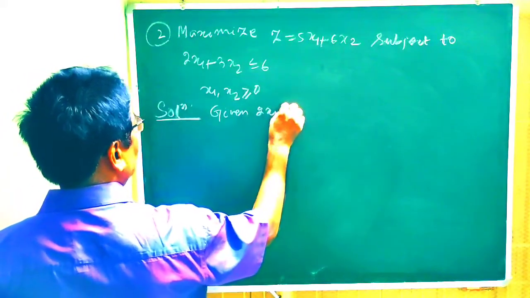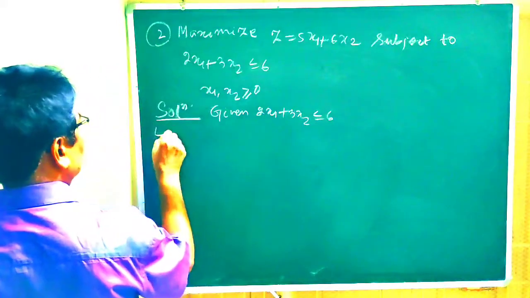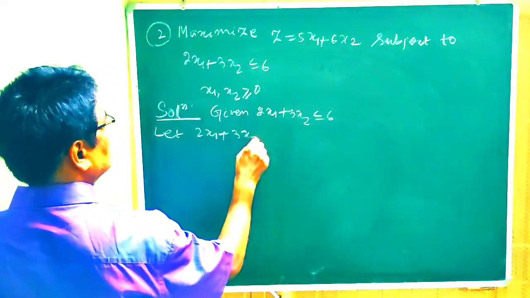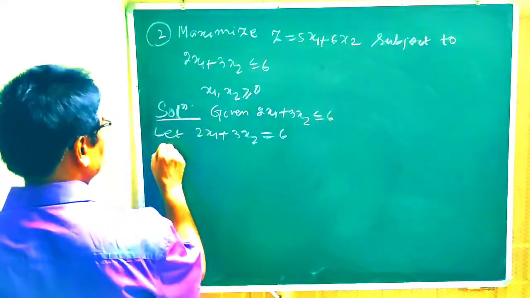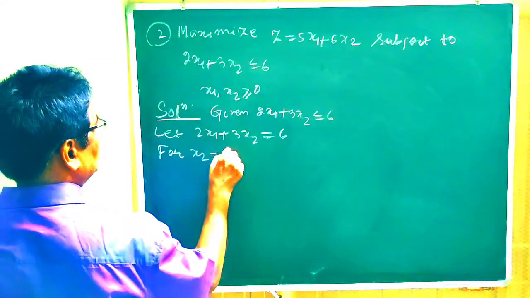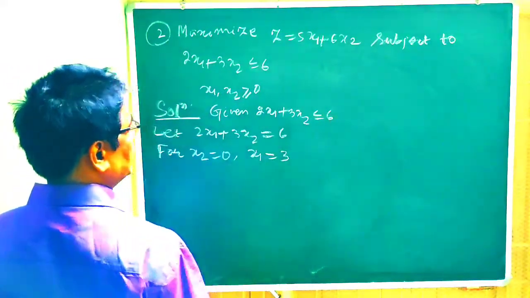Now solution. Given 2x1 plus 3x2 less or equal to 6. So let 2x1 plus 3x2 is equal to 6. For x2 is equal to 0, we get x1 is equal to 3.